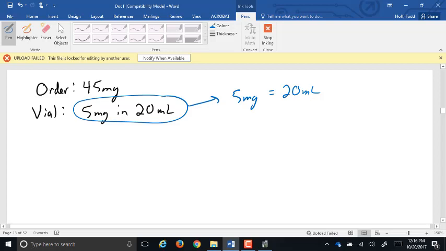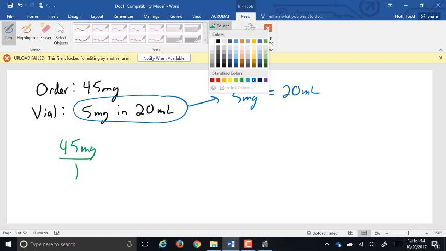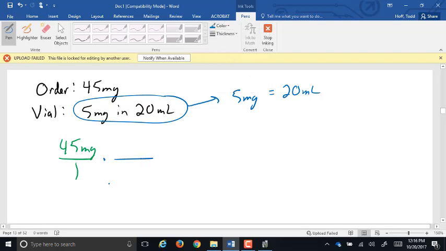So we start out with the doctor's order, which is 45 milligrams, put it over 1. Then, yes, I always put the labels in first just because that's how my mind works. The milligrams will go on bottom, so we're going to go to milliliters. Yes, 20 milliliters over 5 milligrams is what it ends up being. And you can see the milligrams cancel out.